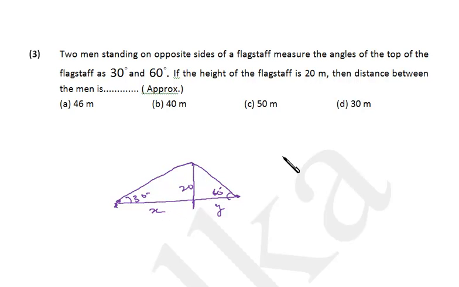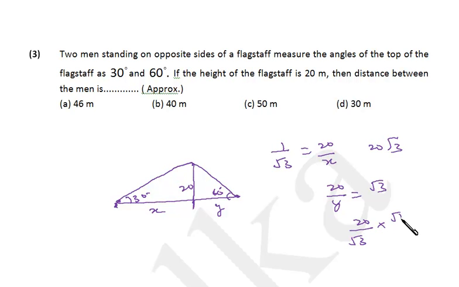So tan 30 degree, that is 1 upon root 3, is 20 by x. So x is equal to 20 root 3. Similarly, 20 by y is equal to tan 60 degree, that is root 3. So y is equal to 20 by root 3, or you can say 20 root 3 by 3.